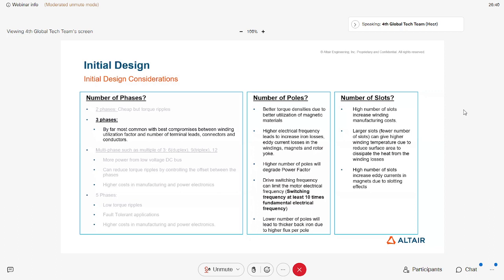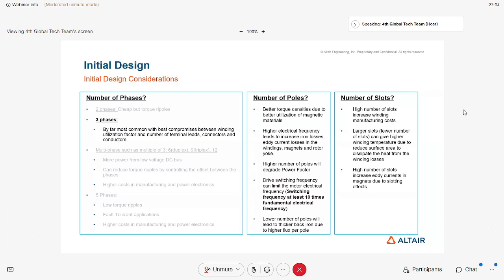A higher number of slots will increase the frequency. This is especially true for permanent magnet machines, because the magnets will see the slotting effect, and this frequency will increase due to the slotting effect, and then the eddy current will increase on the magnet.